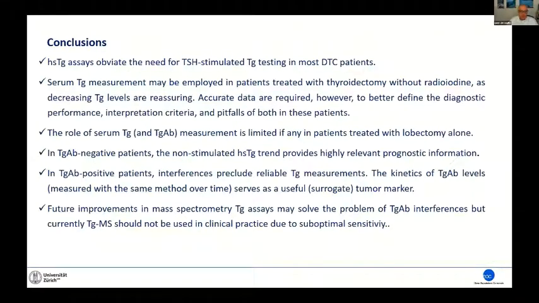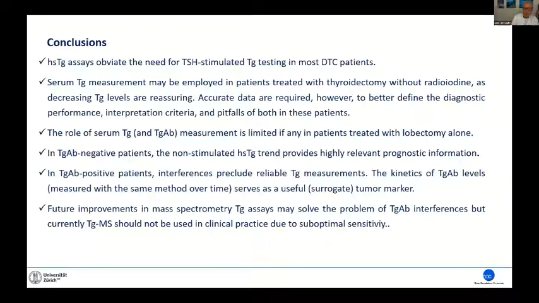So in conclusion, thyroglobulin assays with high sensitive methods obviate the need for TSH-stimulated TG testing in most DTC patients. Thyroglobulin measurement may be employed in patients treated with thyroidectomy without radioiodine, and decreasing levels are reassuring.